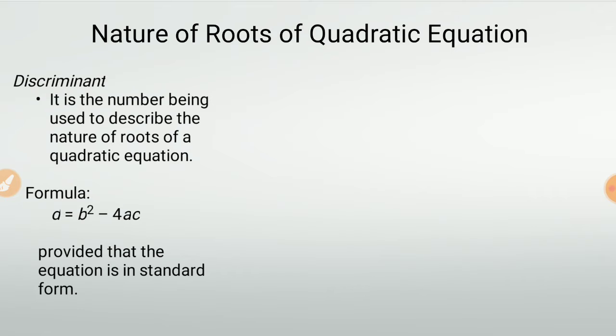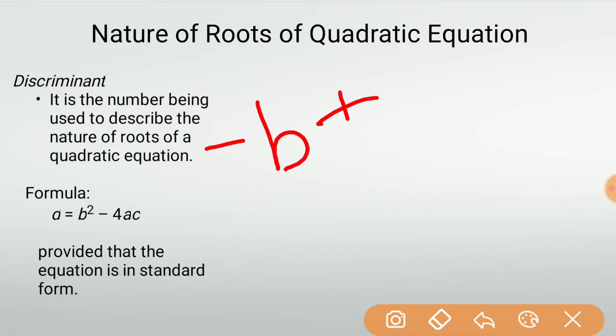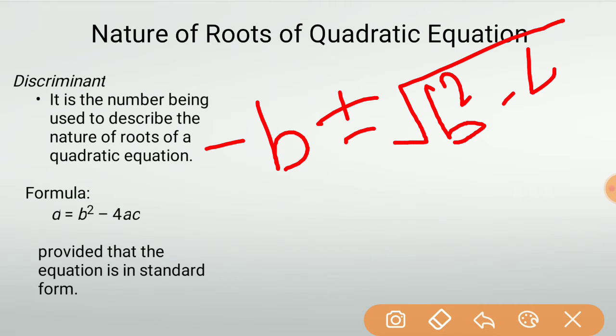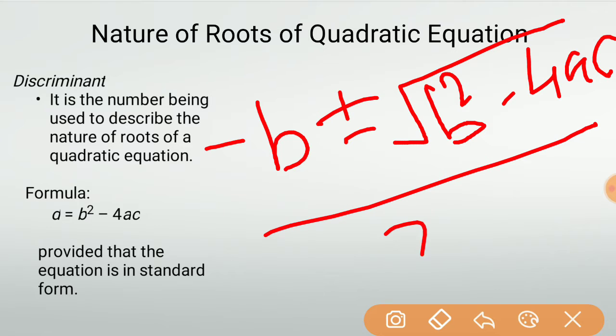Now, I hope you guys remember this formula: minus b plus minus root of b square minus 4ac upon 2a. We have already studied this formula. This is the quadratic formula to find out the roots of any quadratic equation.